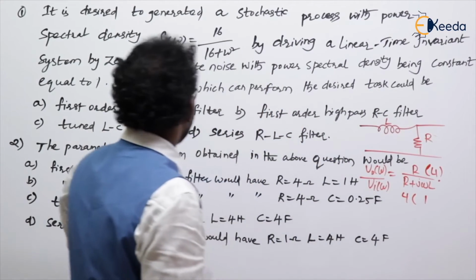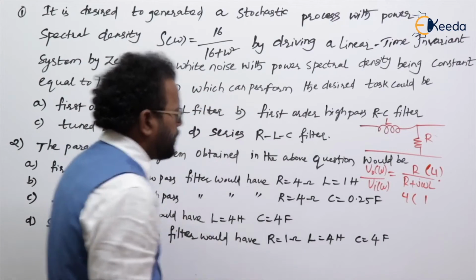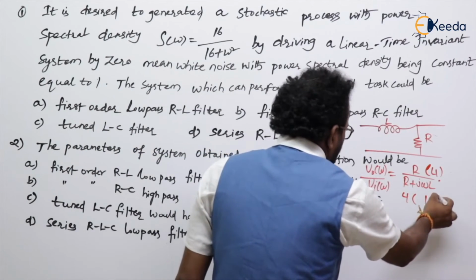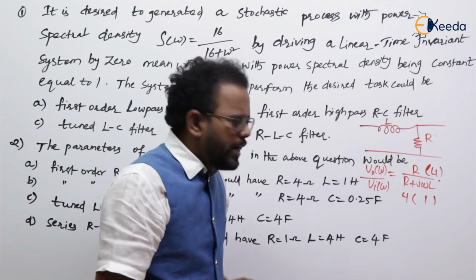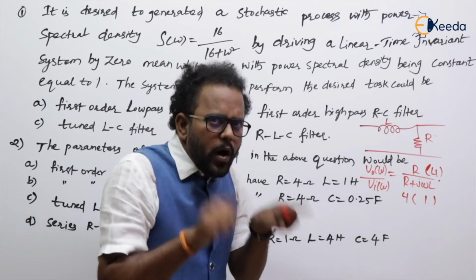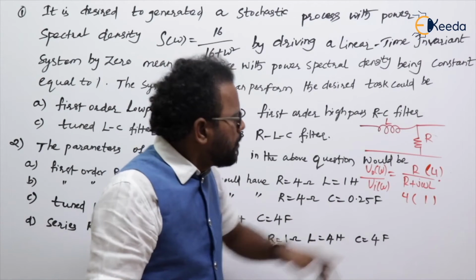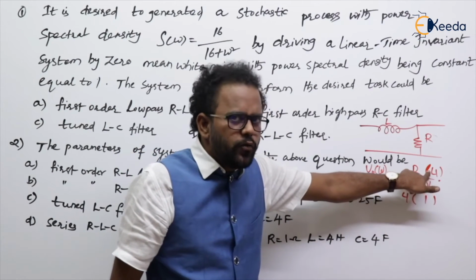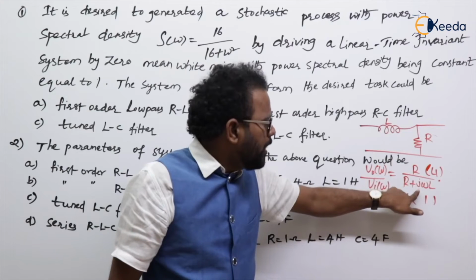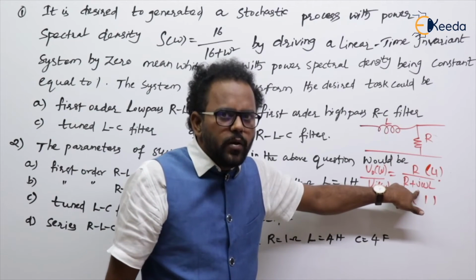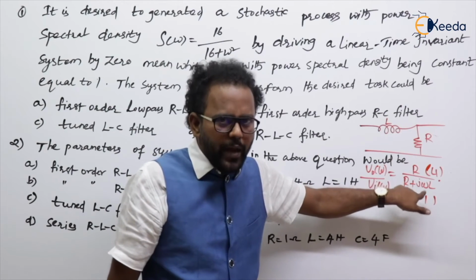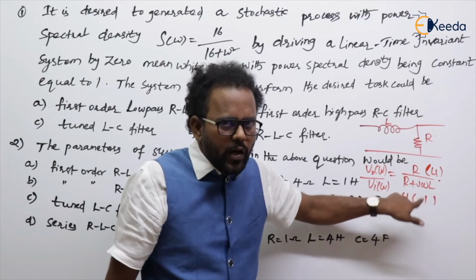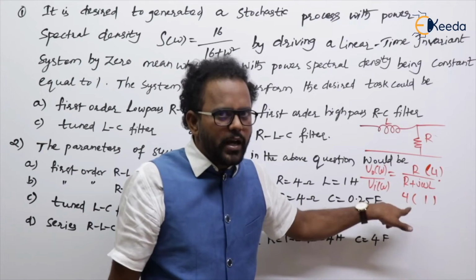Omega we can keep as is, and inductance value is 1. Then what is the power spectral density? Modulus whole square. Modulus of 4 is 4, and 4 square is 16. Modulus of the denominator is root of 4 square plus omega square, so root and square are gone. So 16 plus omega square.